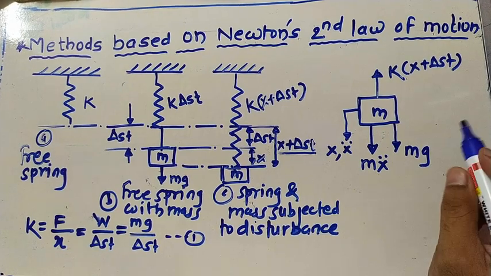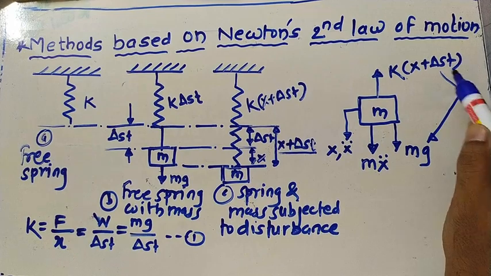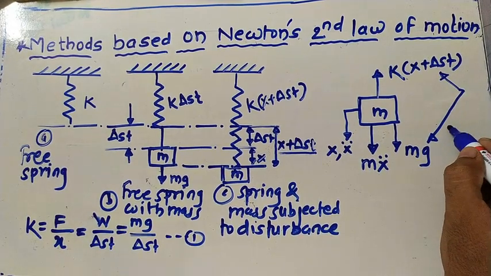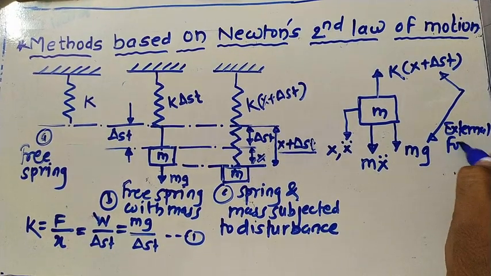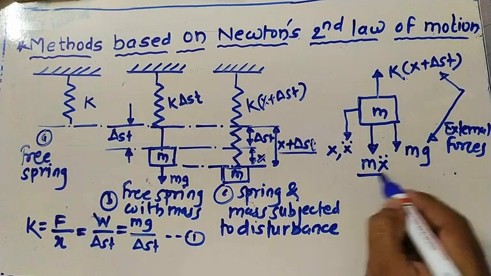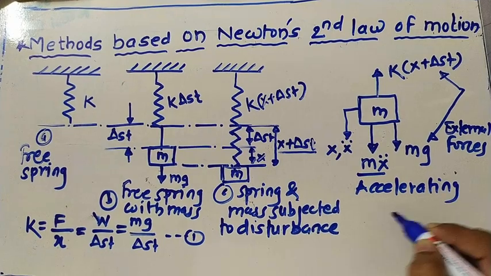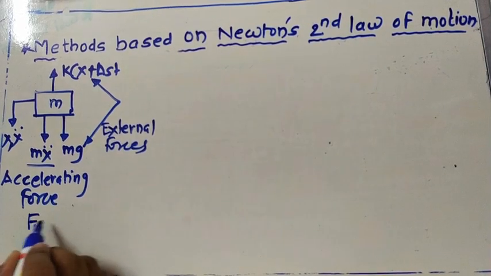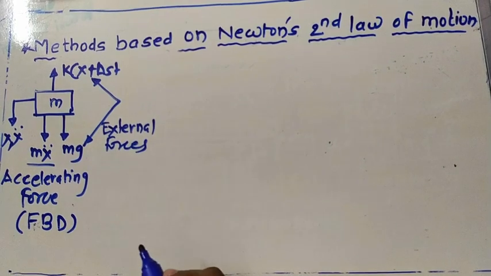Okay, so these two forces, this force and this force, are nothing but the external forces. And this is nothing but the accelerating force. Now this indicates the free body diagram of the given spring mass system.